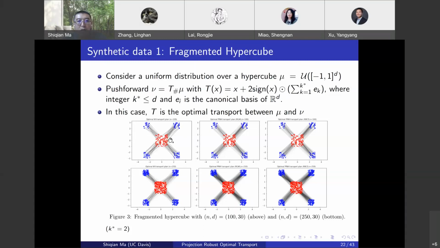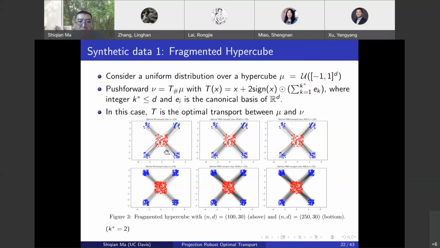Comparing with this one, in the first column, these are the optimal transportation plan given by the Wasserstein distance. And these two are the projection robust Wasserstein distance computed by the Rgas algorithm. And the last column is the optimal transportation plan computed by our Riemannian BCD algorithm.